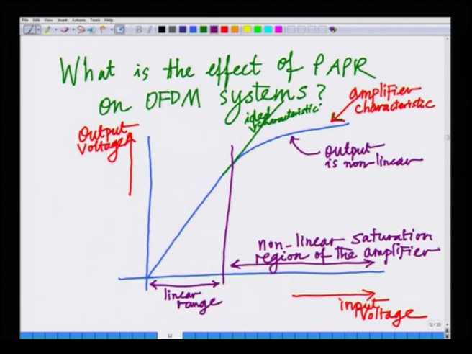Now, typically the amplifiers in systems are biased around a certain operating point. It is biased roughly in the middle of the linear range, which is also known as the dynamic range of this amplifier.